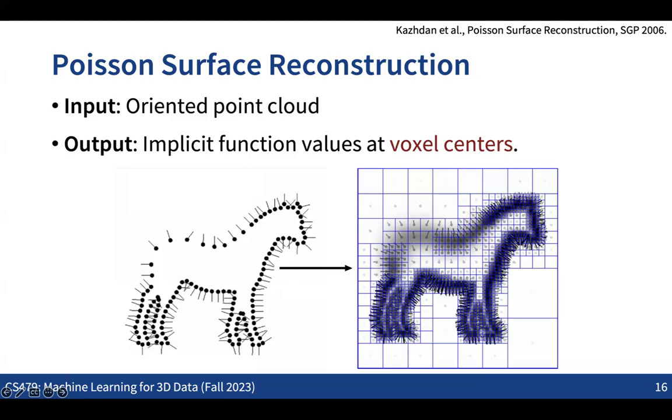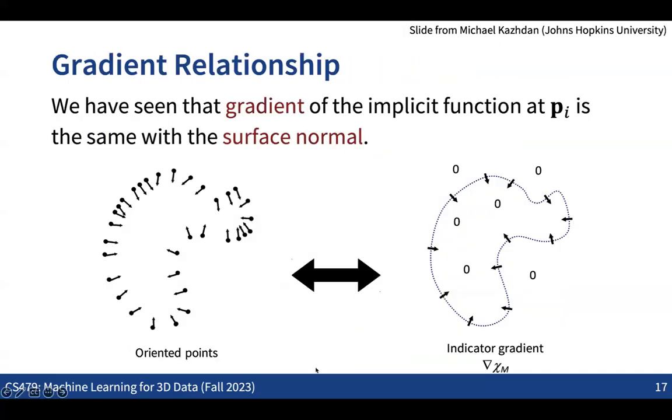The basic idea of Poisson surface reconstruction, the key observation, is that the gradient of the signed distance function that we get at the end should be aligned with the surface normal information, right? And we have seen how we can get the surface normal information.